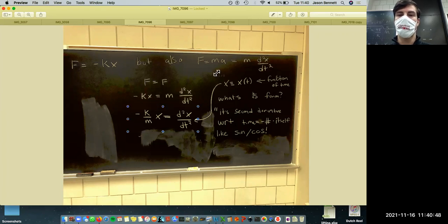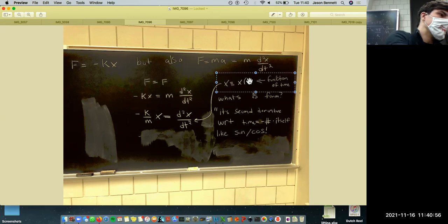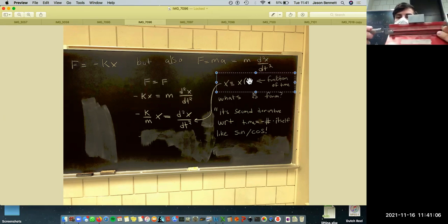I call x a function because it has some time dependence. That's why I'm writing it like x of t, because at time equals 0, it's at the equilibrium position. At time equals 1, it's somewhere else. At time equals 2, it's somewhere else. So it's a function that, dependent on what time it is, has a different value.